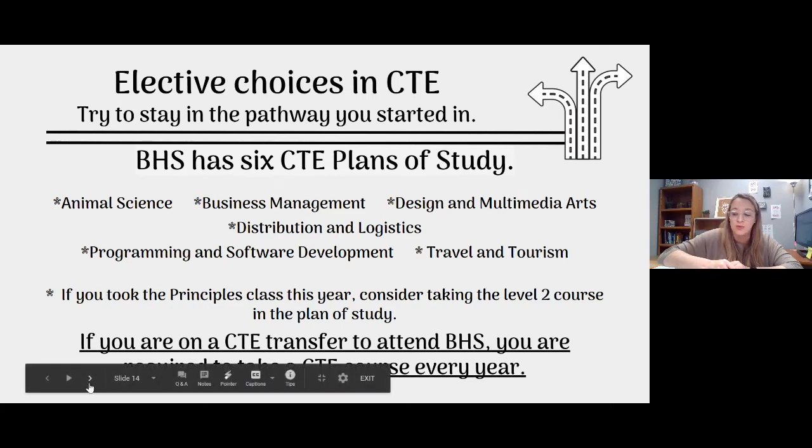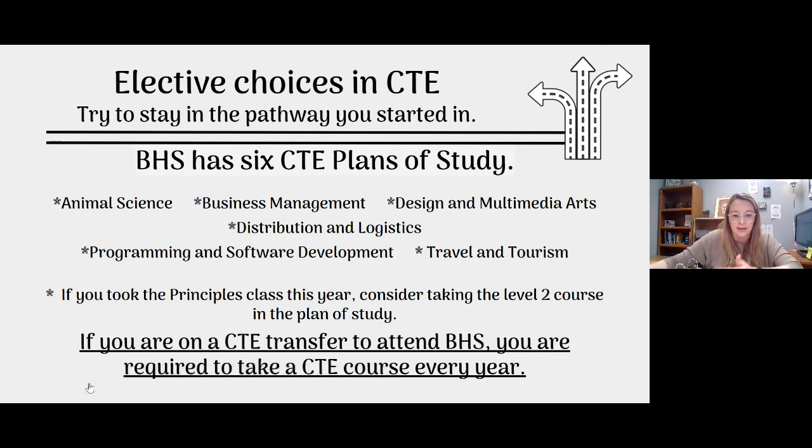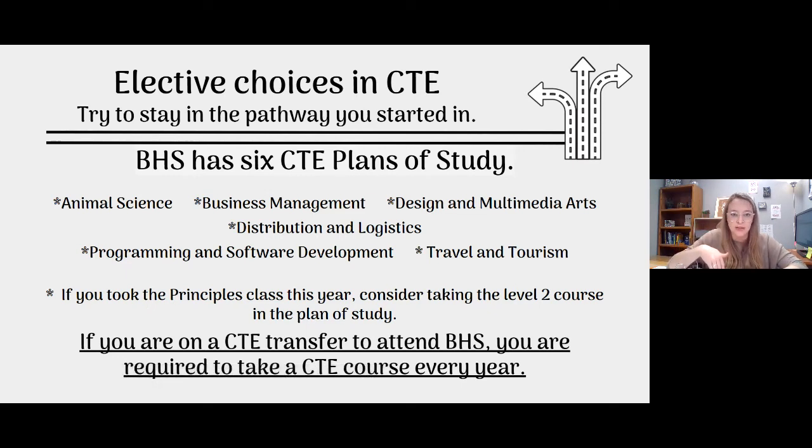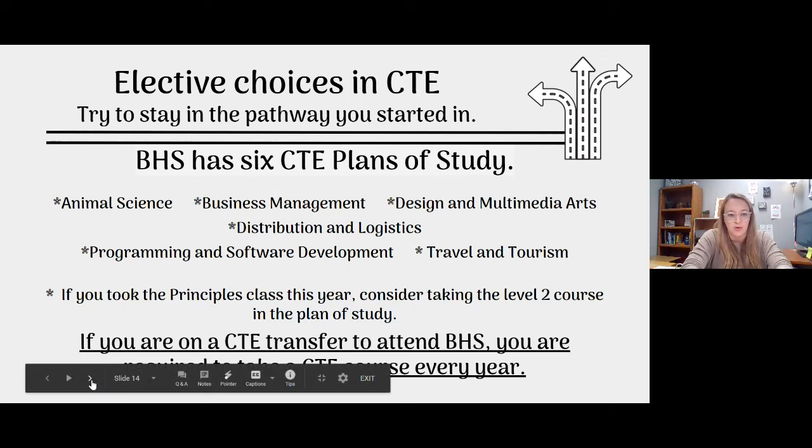If you took a principles class this year, you can consider taking the 2nd level in that plan of study. In the course selection sheet, they are in order. So you'll see that if you took principles of business, you'll see what the next class is. And we always recommend that you try and get all of them done by the end of high school. So if you have questions, then we can also address that.